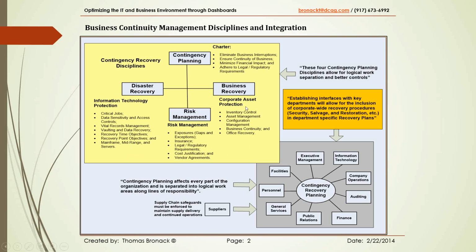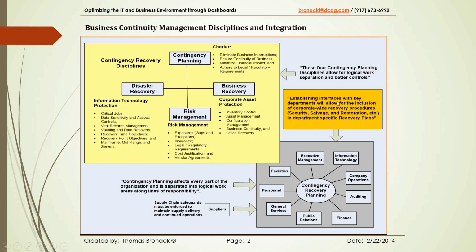Business recovery is more concerned about your locations, your business units. There's an inventory management that's required, so you know the assets in that location and how they're configured. And you have business continuity and office recovery. Office recovery can be site evacuation and movement to a business recovery facility to continue business.